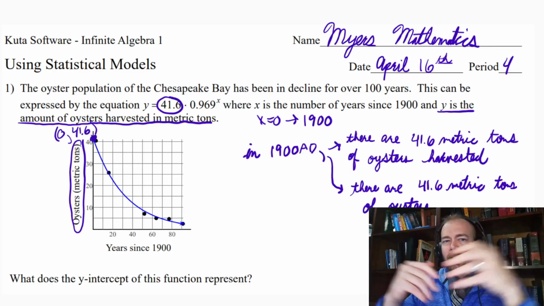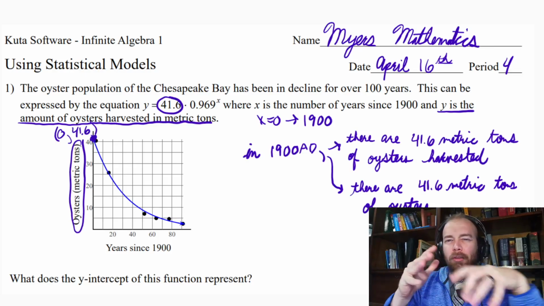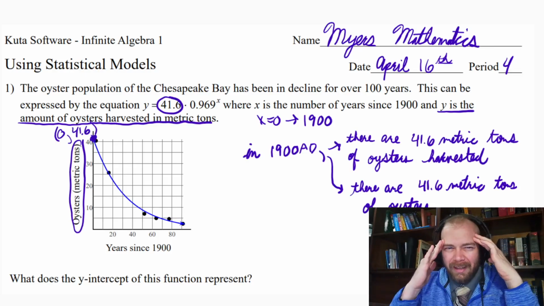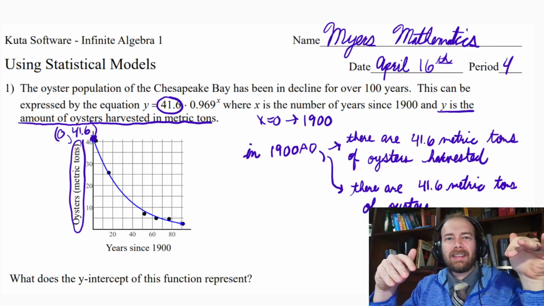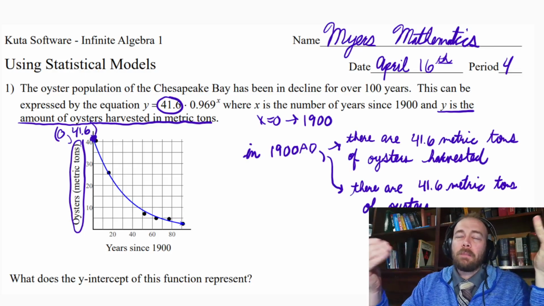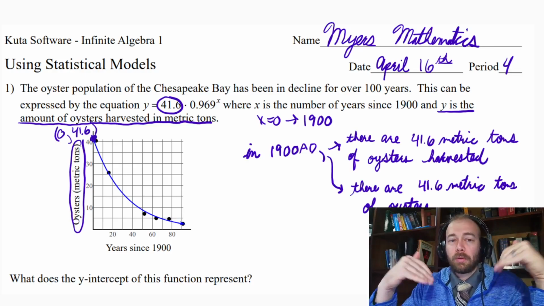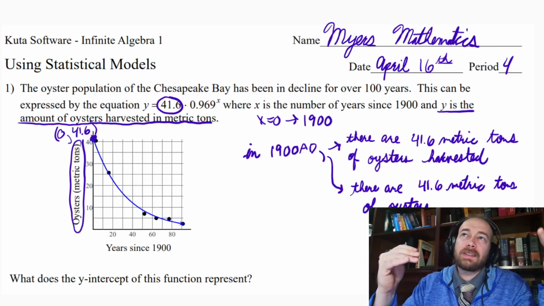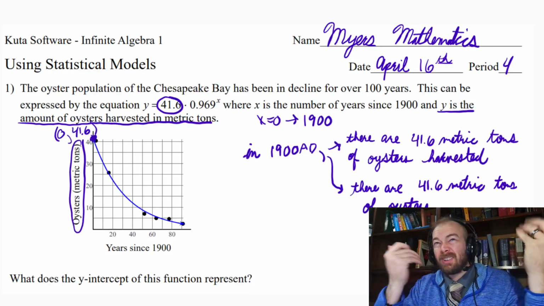Not that they all of a sudden got a good conscience about the conservation of oysters. There are so many other things in the background of this problem. Is it a bad thing that we're harvesting too many? Are we affecting the ecosystem in a negative way? On the other hand, maybe we should have some sort of program where we put more oysters back in there, but we do need to harvest them because they taste yummy to some people. I don't particularly like them, but I don't dislike them.